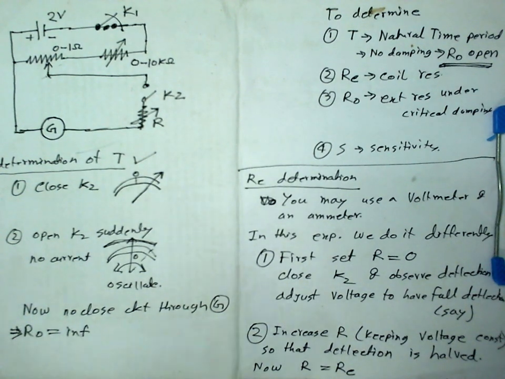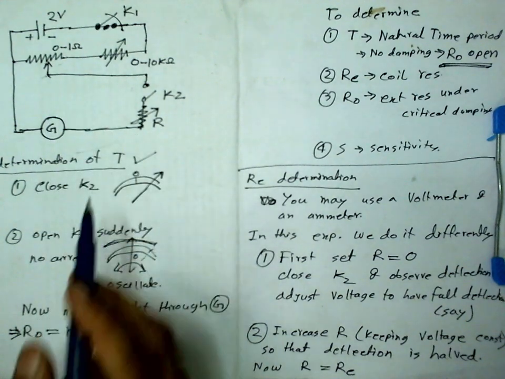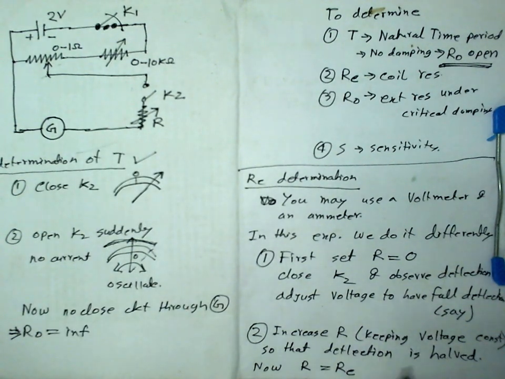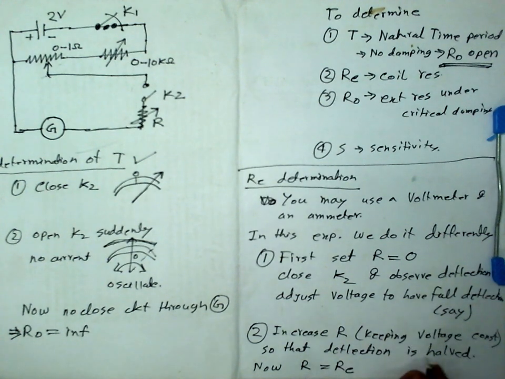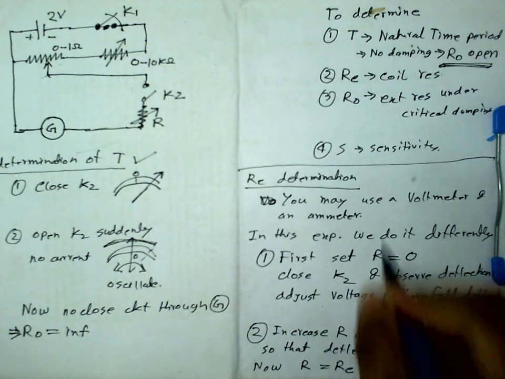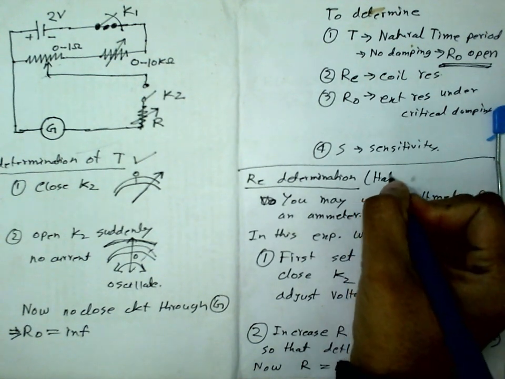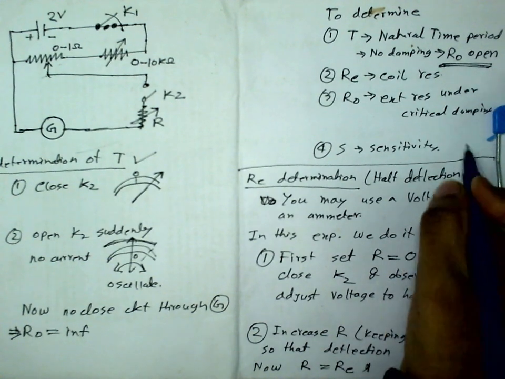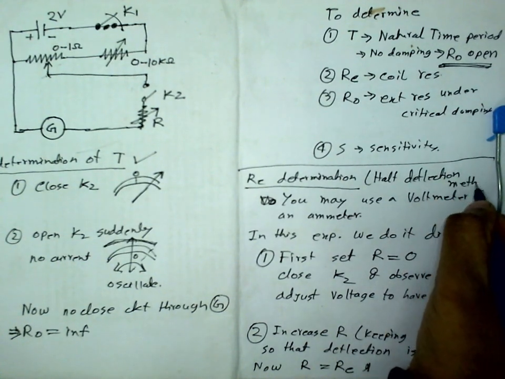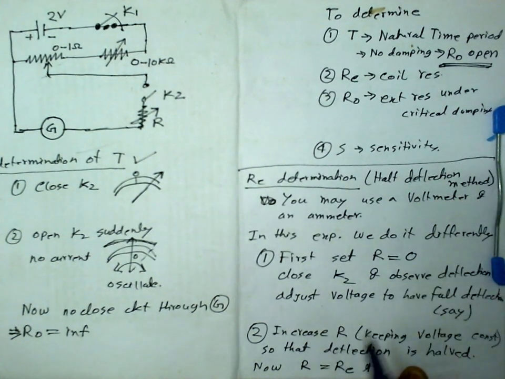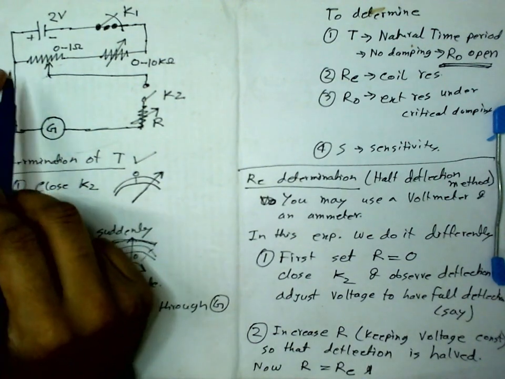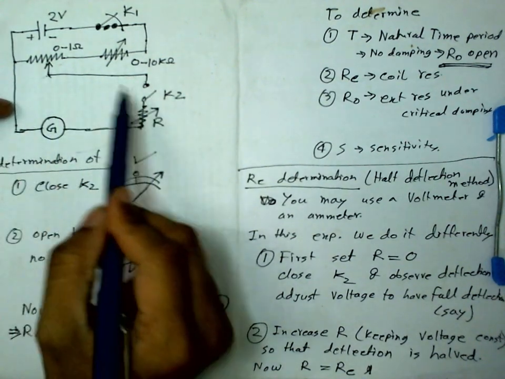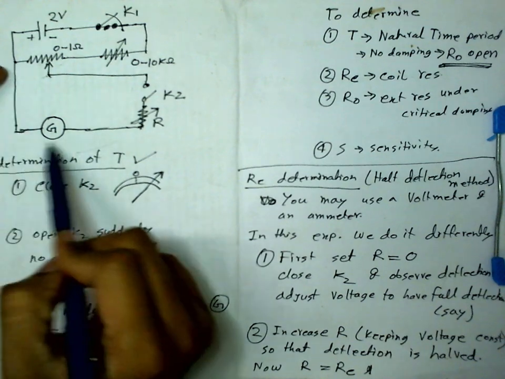There is a small observation that for this method to work, which is also known as the half deflection method, we need the voltage applied across this to stay constant.